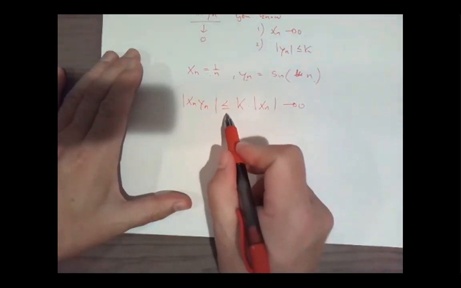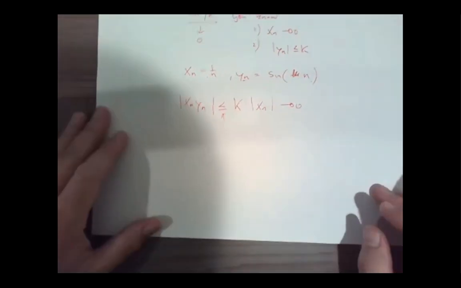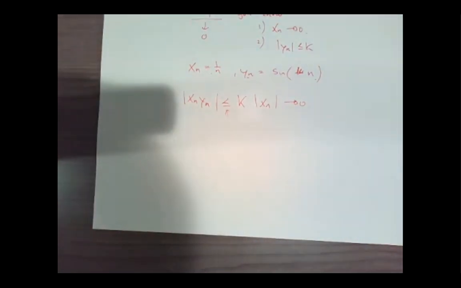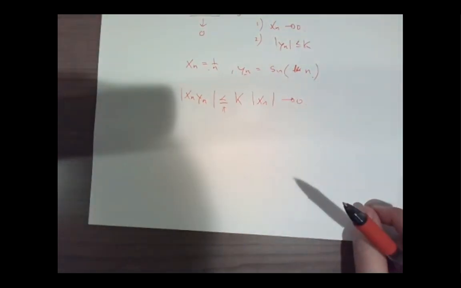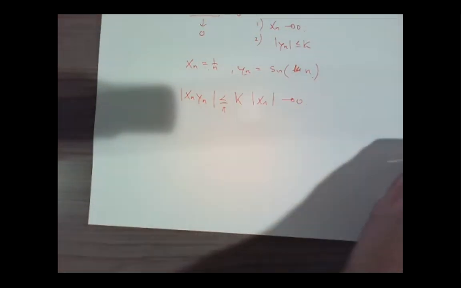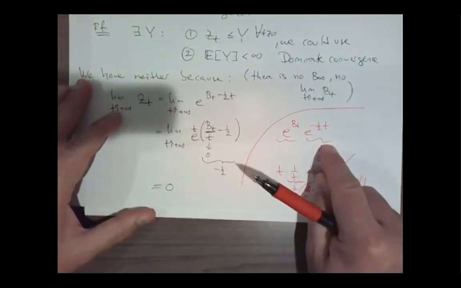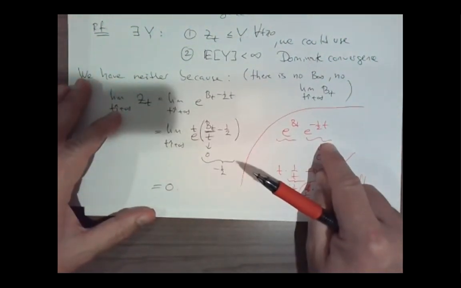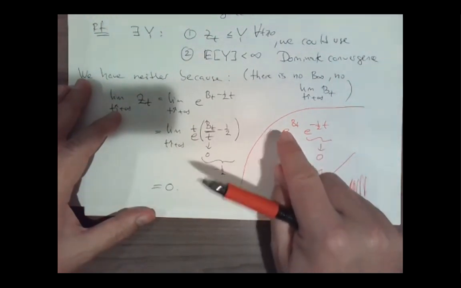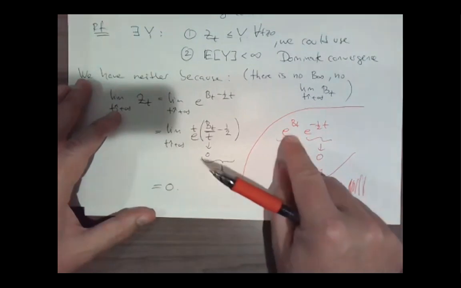So was this argument for the fact that bt over t goes to 0? No, there was a student who asked if I could do the splitting here, and what I'm saying is that if this was bounded, then you could, but it's not.